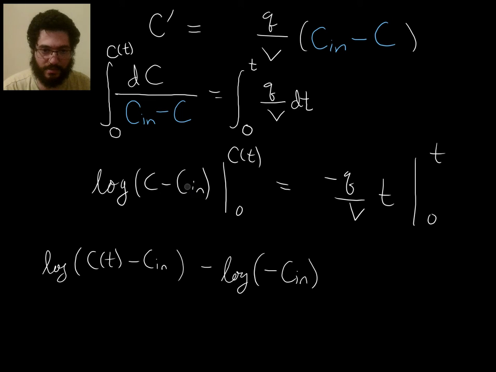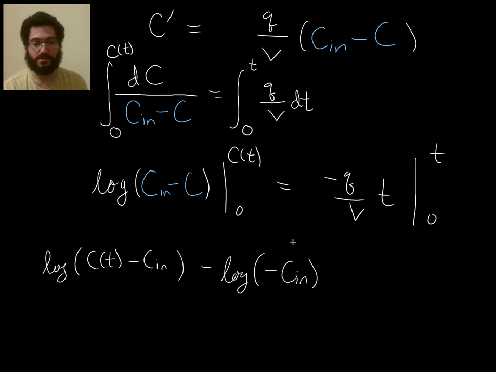Now here, I can say, when I integrate, I get log of c in minus c. And that is correct. However, I'm missing something coming from the chain rule. So if you were to differentiate this with respect to c, think about what you get.